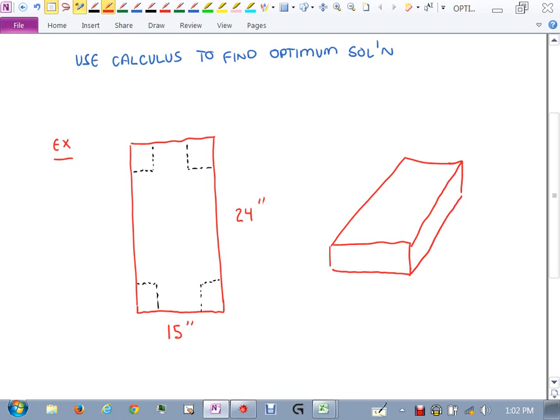It will not have a top to it, so it would actually be more like that, right? We could fill this with whatever material or product we want to put in there. So we've gone from a flat sheet to a three-dimensional figure. This figure has some particular volume to it. It can hold some amount of material.